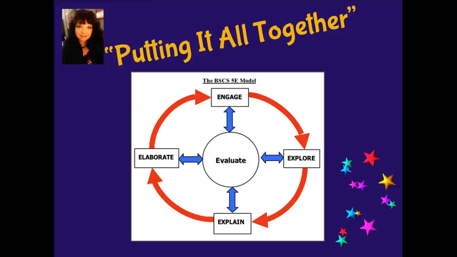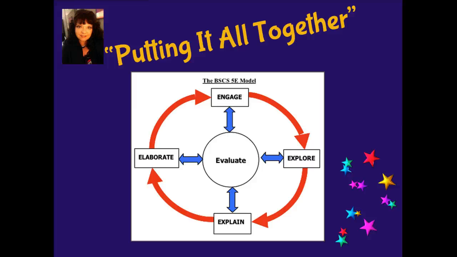And in my opinion, there's no doubt that science really should be taught with an inquiry approach. And so I feel that the 5E model, and this is just one strategy, is an awesome model to use to put together good science lessons. The 5E model is an inquiry-based learning cycle, and as you can see here, it has 5 stages to it.